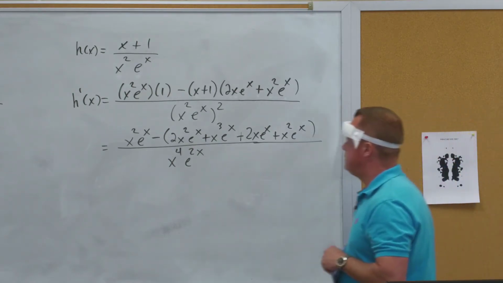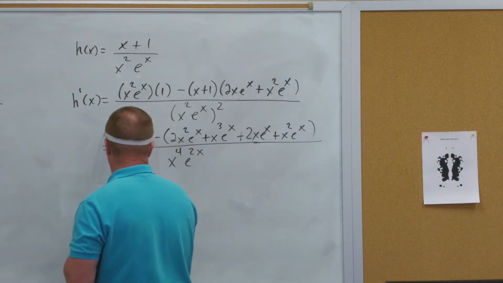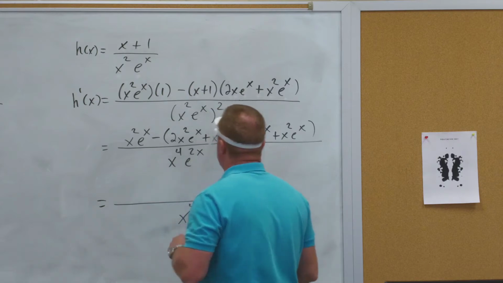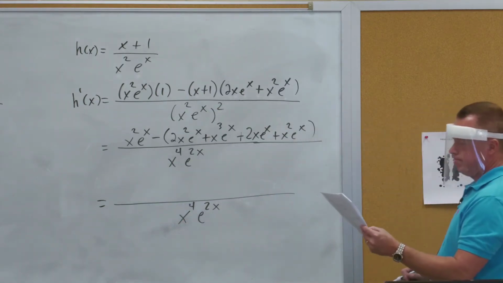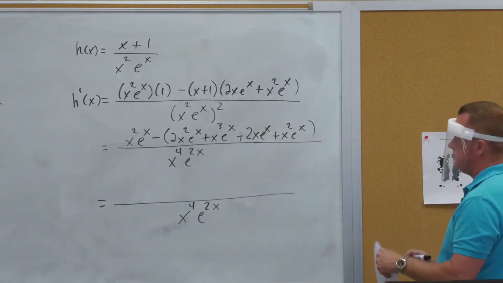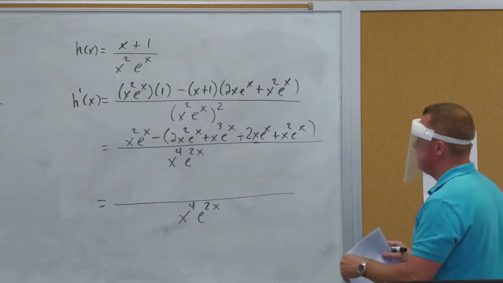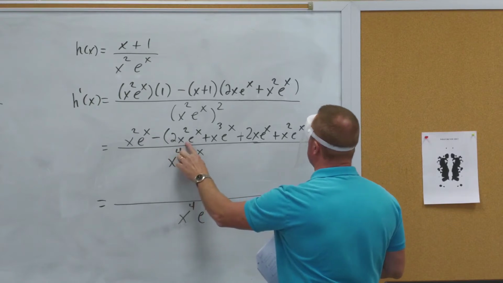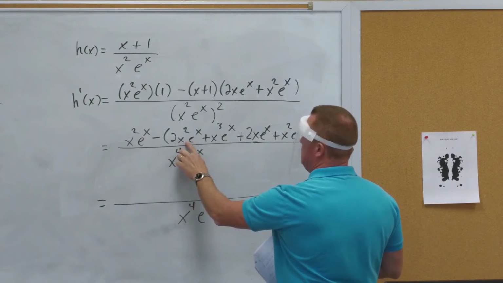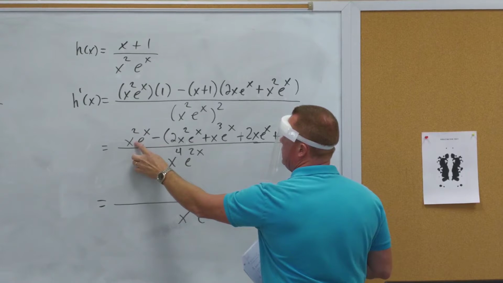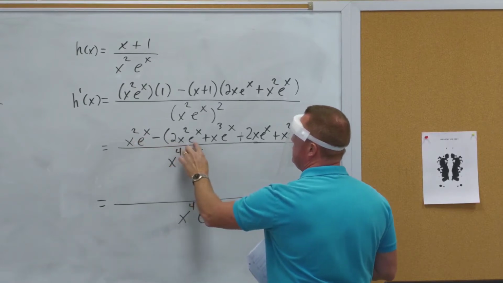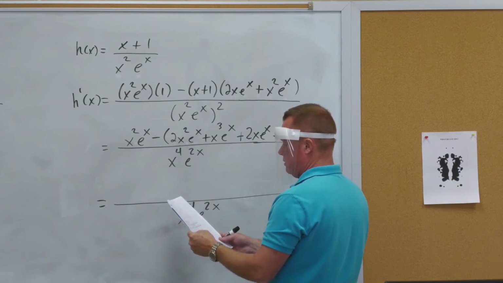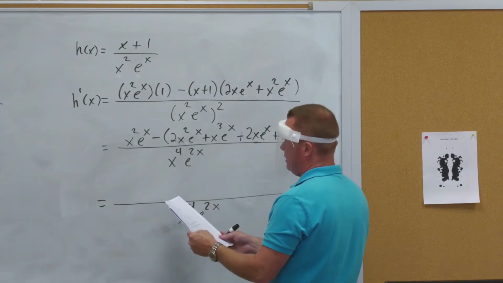Okay, so now let's see what we can do here. Are any of these alike? So this one and this one are alike, and that's probably it. So I can say x squared e to the x minus 2x squared e to the x would give me a negative 1 x squared e to the x.